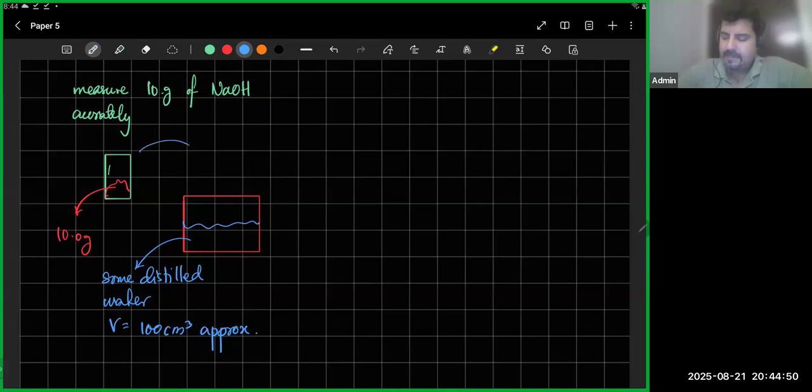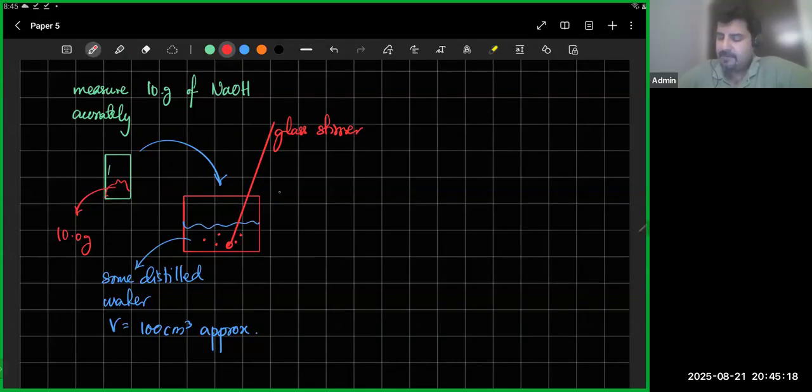The reason for doing that is we want to dissolve it first. So I'm not going to add a lot of water to it. I will have a stirrer. Again, remember, you're going to use a glass stirrer. So I'm going to try and dissolve it. It's easier to stir in a beaker, so that's what we're going to do.